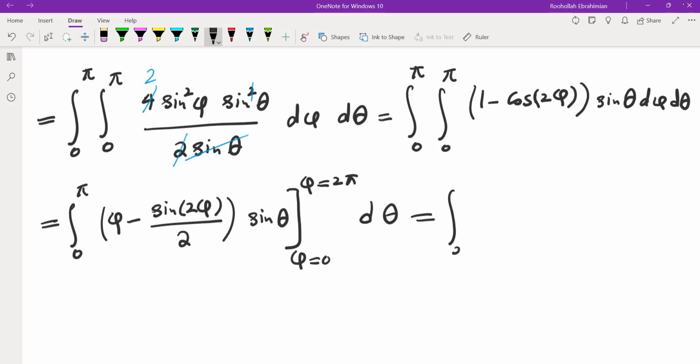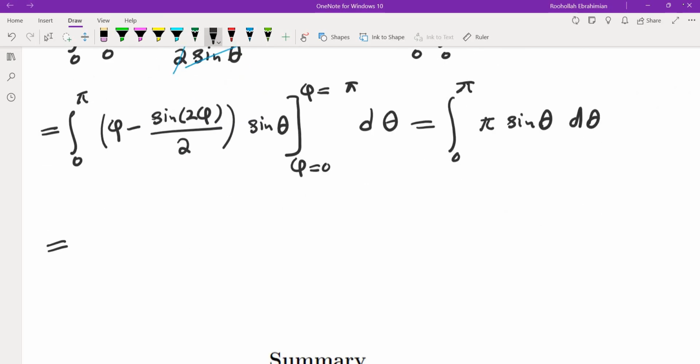When we plug in 2 pi, we get pi minus sine of 2 pi. Sine of 2 pi is 0. When we plug in 0, we also get 0. So that's going to disappear, times sine of theta d theta.